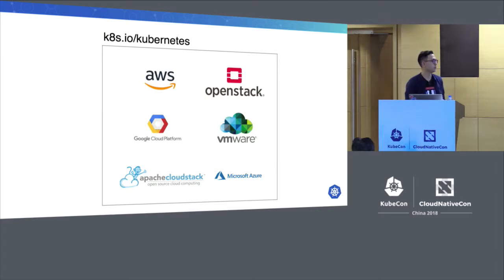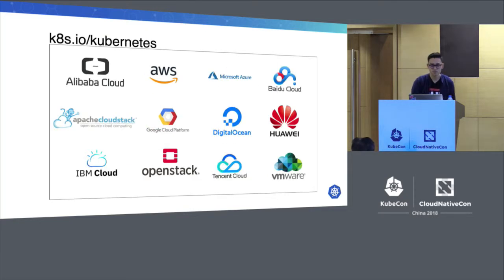As long as you implemented all those cloud provider interfaces, the various components in Kubernetes, the controller manager, the kubelet, and the API server, all knew how to call out to your cloud provider via that interface, and then Kubernetes would officially support your cloud provider.